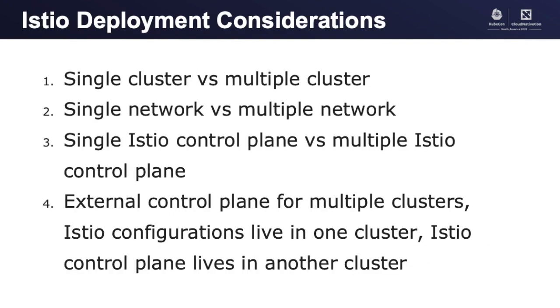Users can deploy Istio many ways. When configuring a production deployment of Istio, you need to answer a number of questions. Will the mesh be confined to a single cluster or distributed across multiple clusters? Will all the services be located in a single fully connected network?